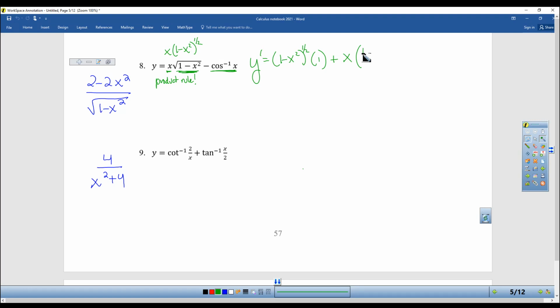This is a hard derivative. 1/2. 1 minus x squared to the negative 1/2 times the derivative of the inside. Don't forget that. And now I'm going to do the derivative of the inverse cosine function, which is -1 over the square root of 1 minus u squared times the derivative of u.